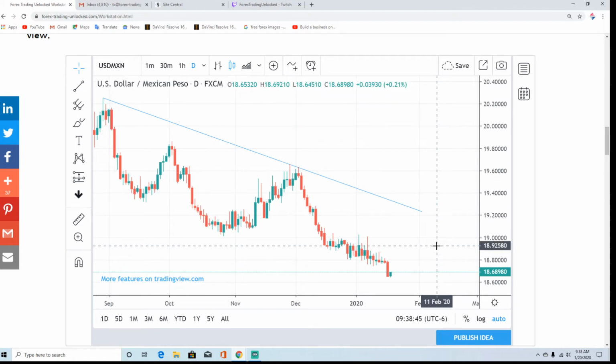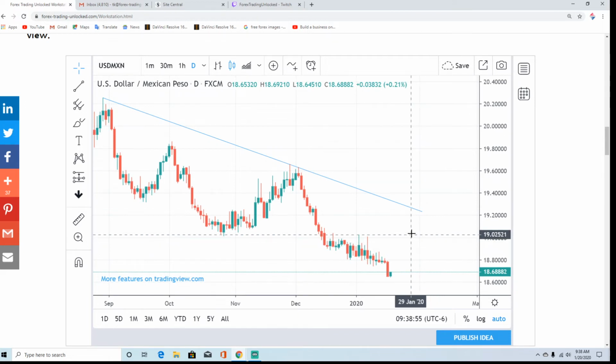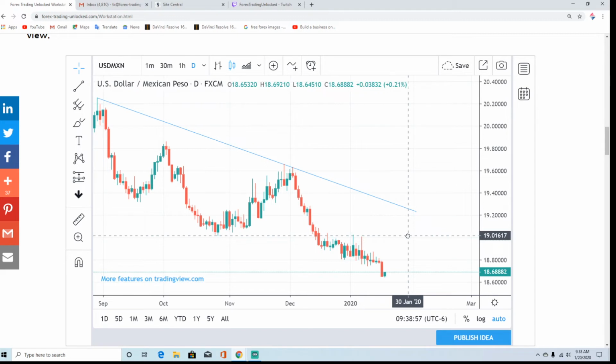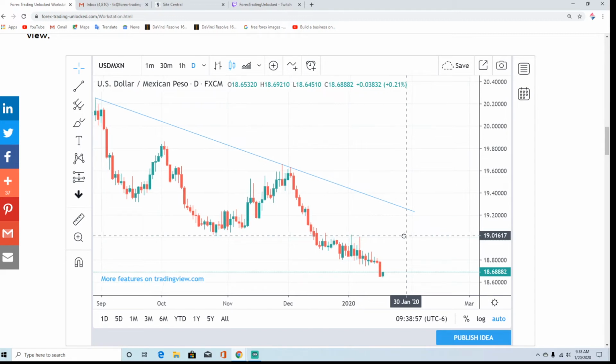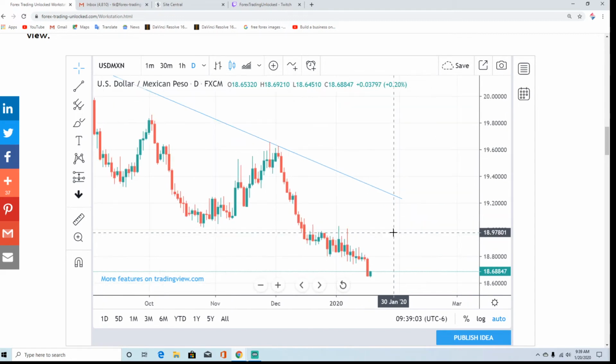It looks like you'll be paying over 10% more for your vacation down in Mexico come this spring than you would have if you had gone last August or last fall.